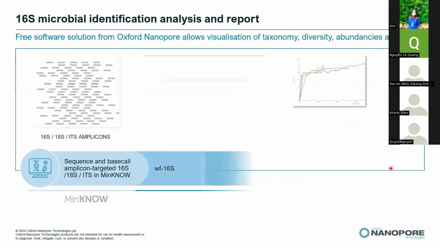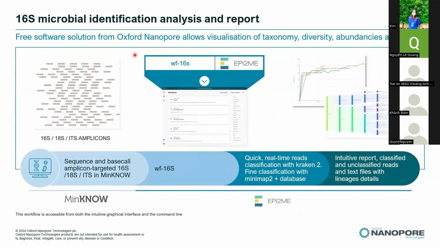The analysis workflow, as I mentioned, is named wf-16s. This is again freely accessible and can be used to analyze 16S. However, it can also be used to analyze 18S or ITS regions if those have been included in your sequencing. All the EPI2ME workflows are available in both graphical user interface or command line.